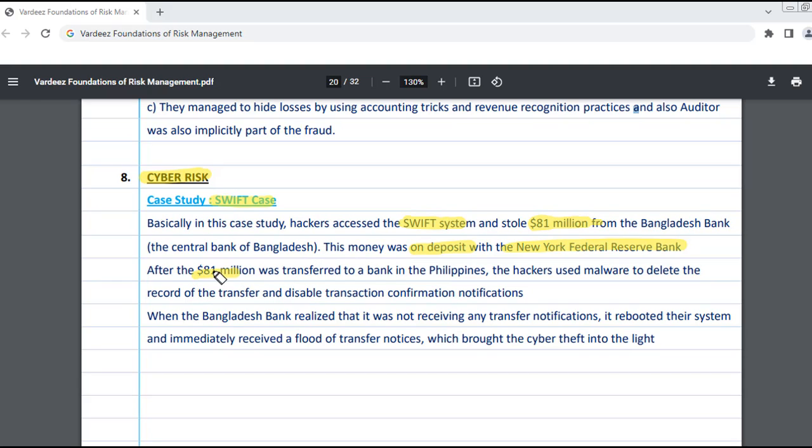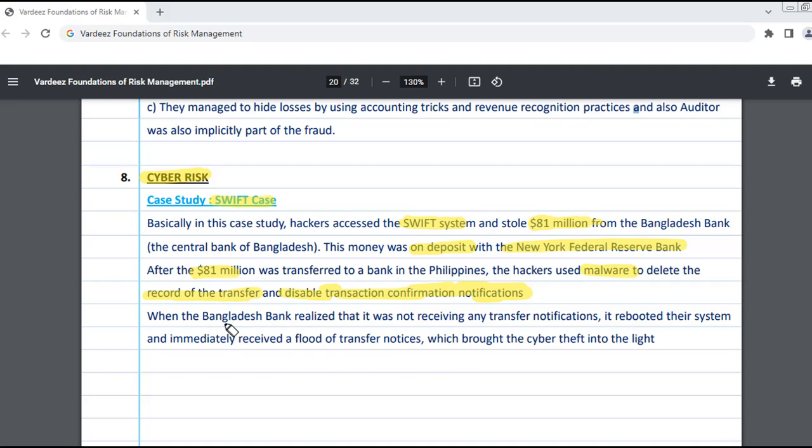After the 81 million was transferred to a bank in the Philippines, the hackers used some sort of malware to delete the record of the transfer, and they also disabled the confirmation of the transaction. So any notification that we had transferred 81 million, they disabled that notification feature as well.